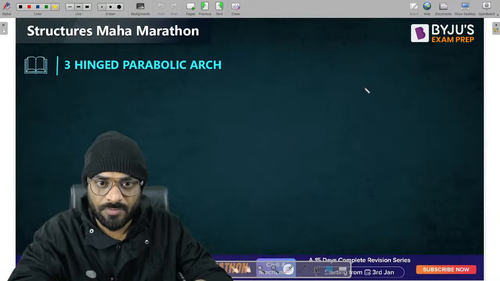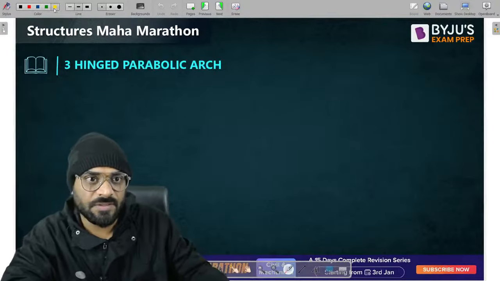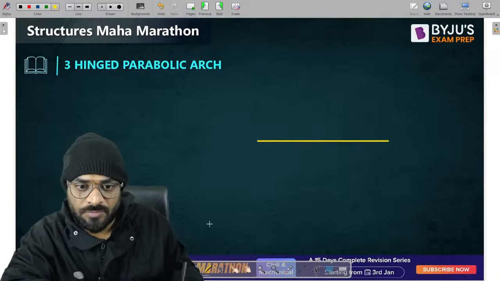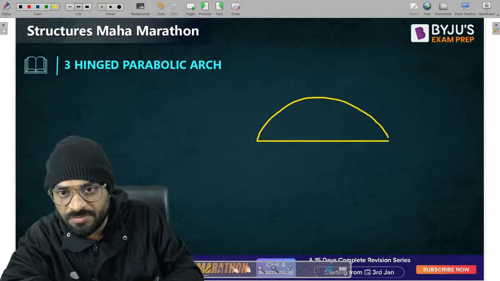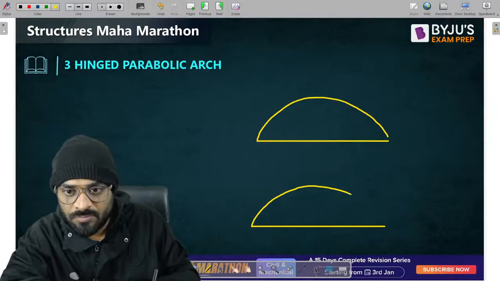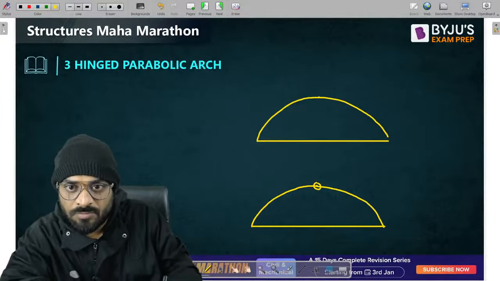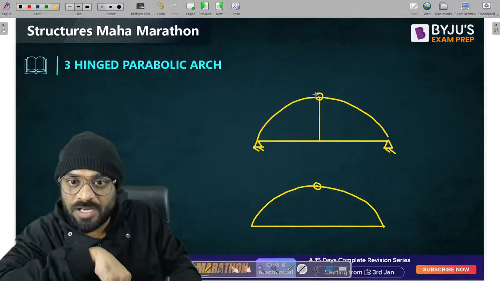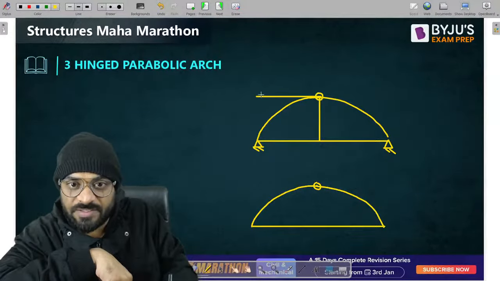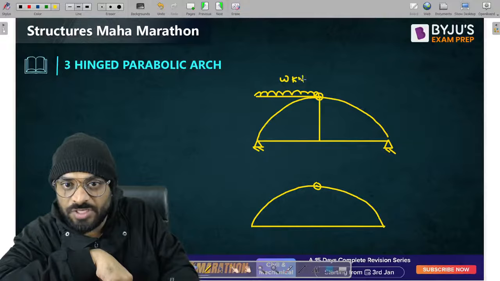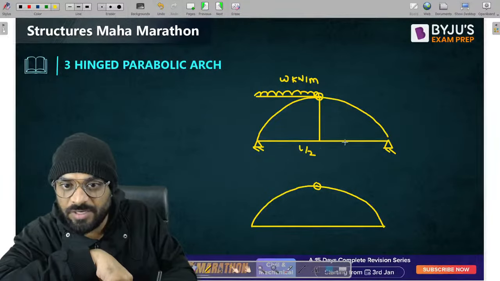Okay, now the next condition is, let us suppose you have a 3-hinge parabolic arch again, but a UDL is placed on the half span only, that means L by 2 length only.